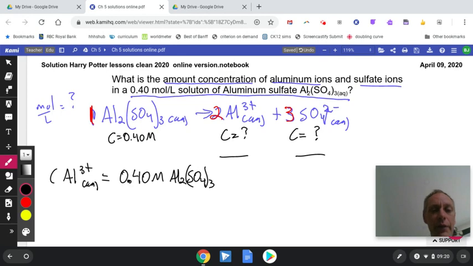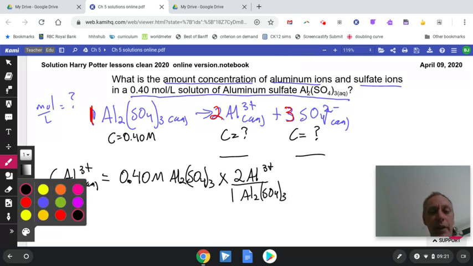And when this dissociates, it gives us 2 Al3+ for every 1 Al2(SO4)3. And again, we can cancel those out. So it's 0.40 times 2 divided by 1, 0.80 mole per liter.